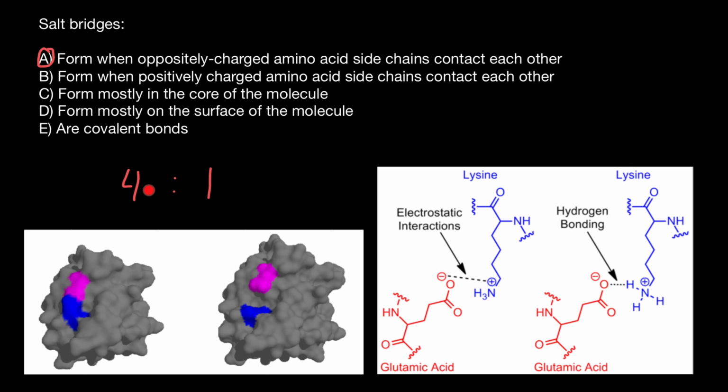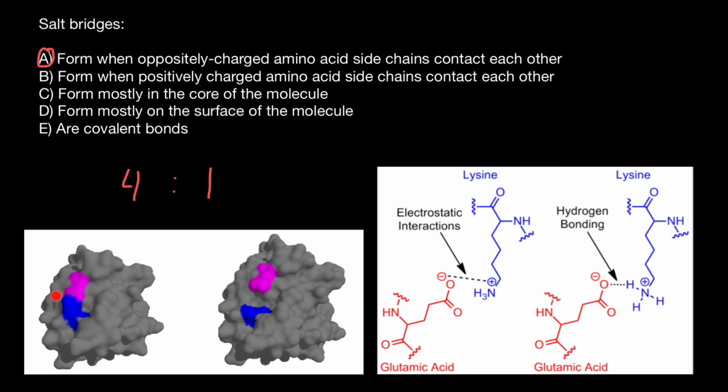Per every 4 charged R groups which we can find in the exterior, there is only one which we can find in the interior. What is also interesting is that the interior of the globular proteins is dielectric, hydrophobic, and R groups which are oppositely charged would make much stronger connections between them than those which we can find on the exterior of the protein. Their bonding is almost as strong as covalent bonding.